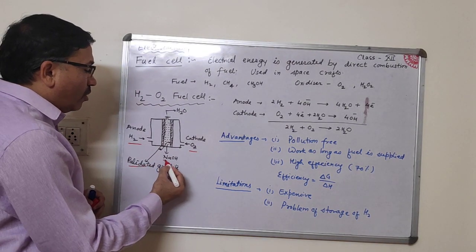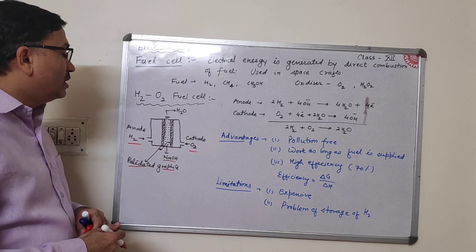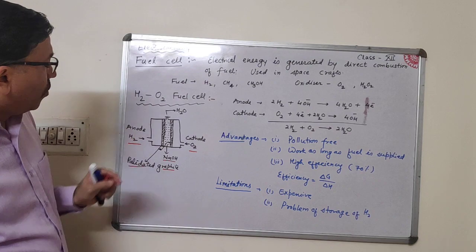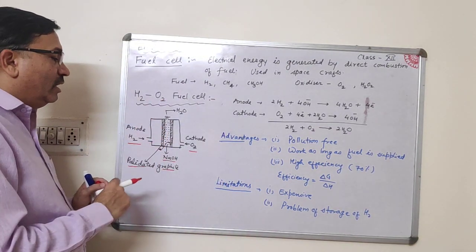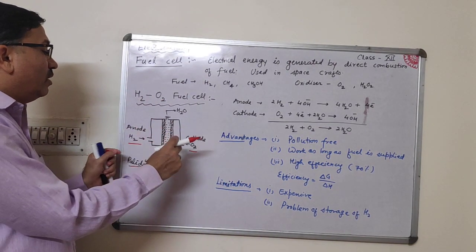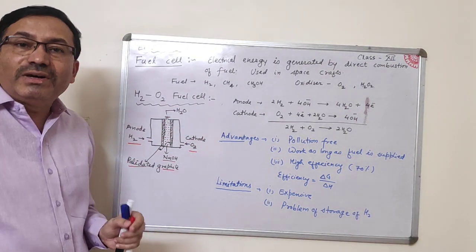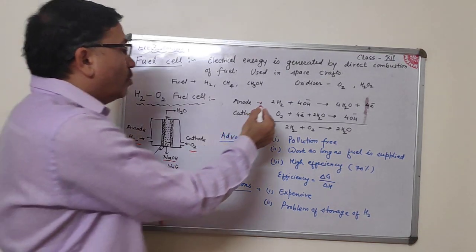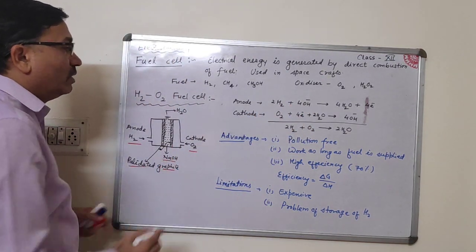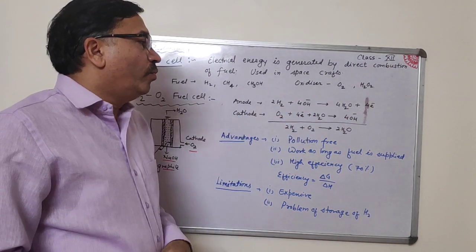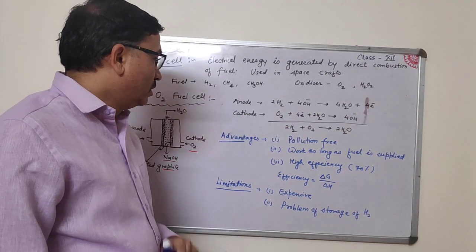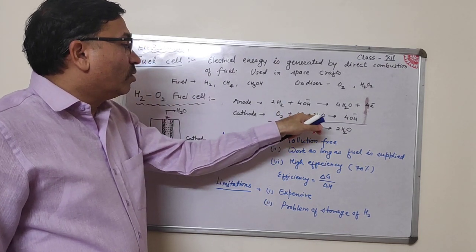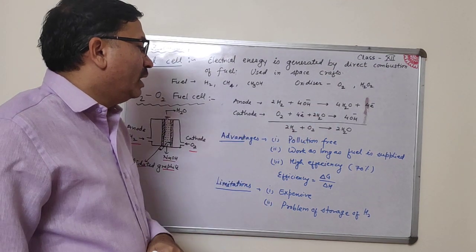Okay, and aqueous NaOH is used as the electrolyte. So from one side we supply hydrogen, from the other side we supply oxygen. Means, see, hydrogen and oxygen are not stored in the cell as in the previous cases, right? What happens at the anode? This hydrogen plus 4 OH minus ions from the electrolyte react to form 4 H2O plus 4 electrons. And at the cathode, oxygen gains 4 electrons and reacts with water to form 4 OH minus.